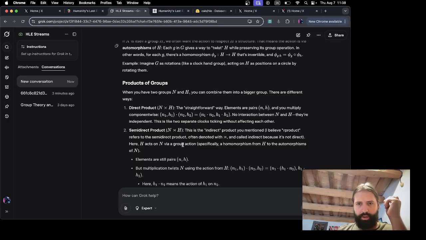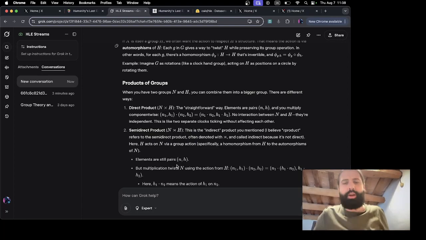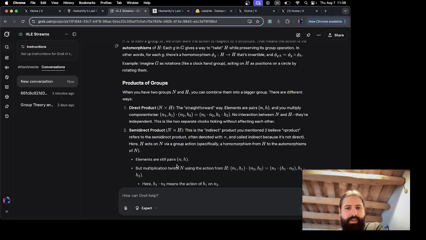Semi-direct product. This is the indirect product you mentioned. Semi-direct. I believe your product refers to a semi-direct product, often denoted with a ⋊, an indirect product because it's not direct. H acts on N. Okay, that's why they call it an indirect product, right? Because you're not directly combining the elements, you're just defining how one affects the other.